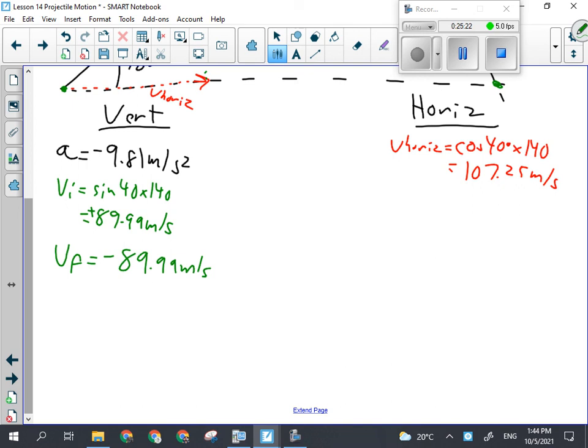Okay, I'm being asked to calculate two things. The maximum vertical displacement, which I can't get yet, okay, and the horizontal displacement. In order to get the horizontal displacement, I need speed and time, or velocity and time. Okay? Can I calculate the time with the numbers I have right now?